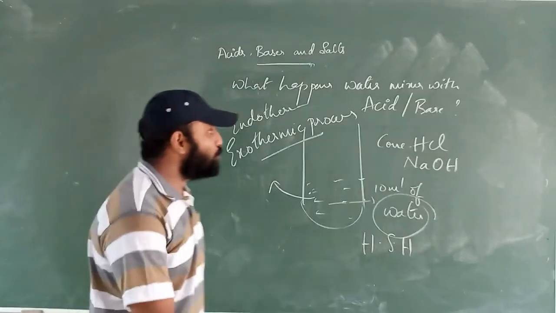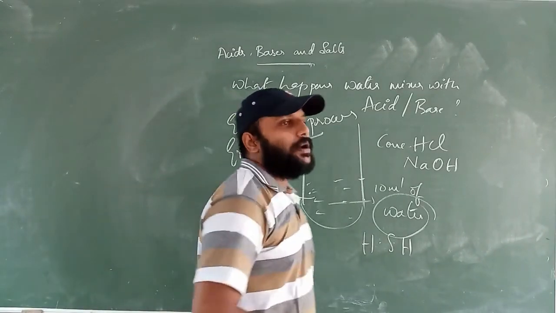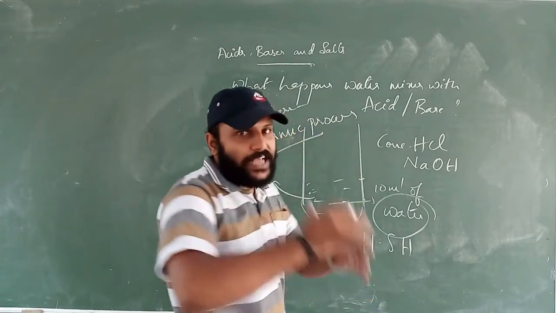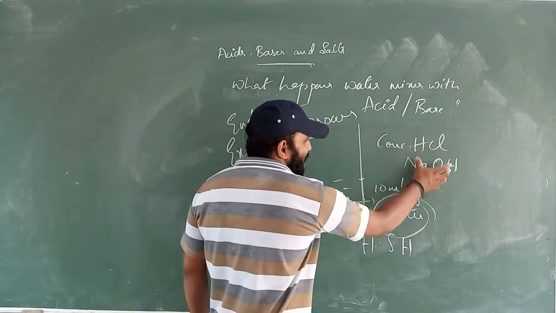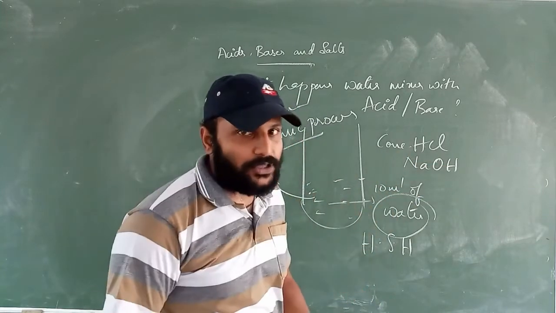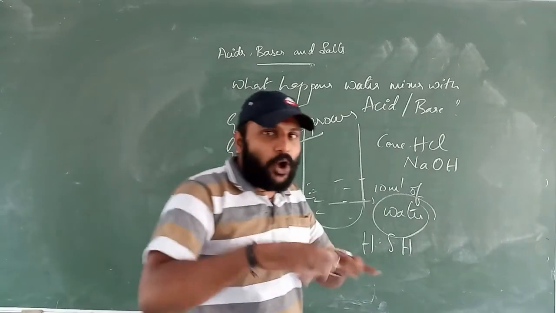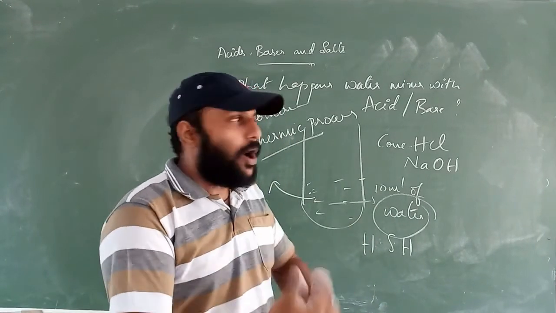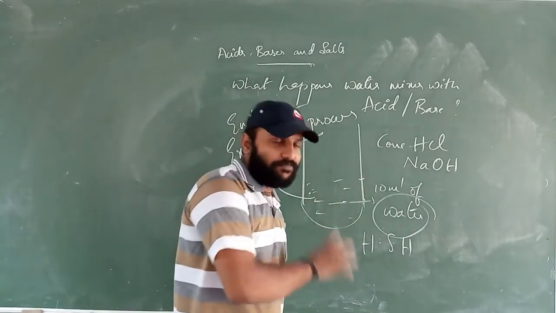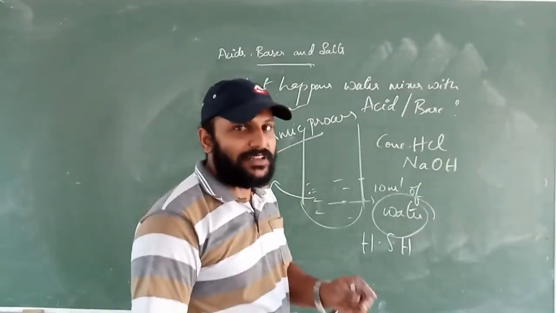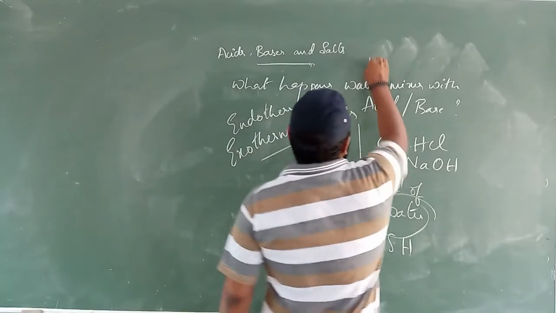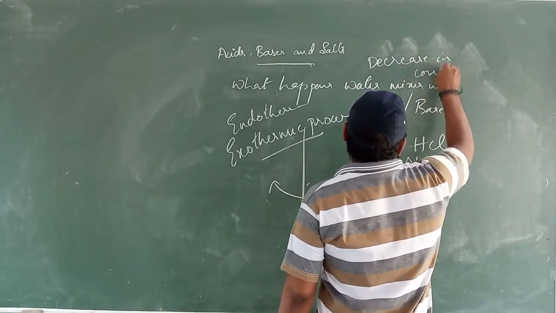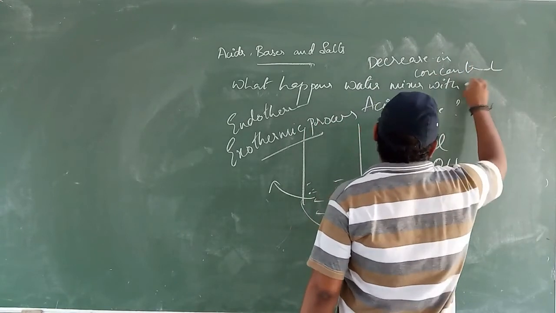Understood? Here we are observing that when we add acid, H plus ions are produced. When you add base, OH minus ions are produced. The process of mixing H plus ions or OH minus ions in the water leads to a decrease in the concentration of ions.